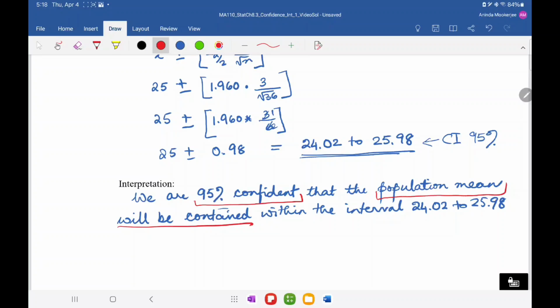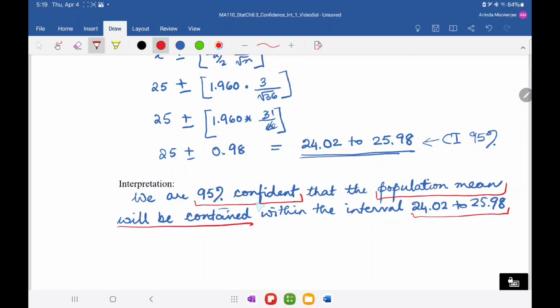It does not need to be contained within an interval. It's the population mean which is not known to us, and we are trying to estimate it. We are trying to draw an inference on the population mean based on our precise sample mean that we found from our data. And then, of course, within the interval, write the endpoints of the interval.